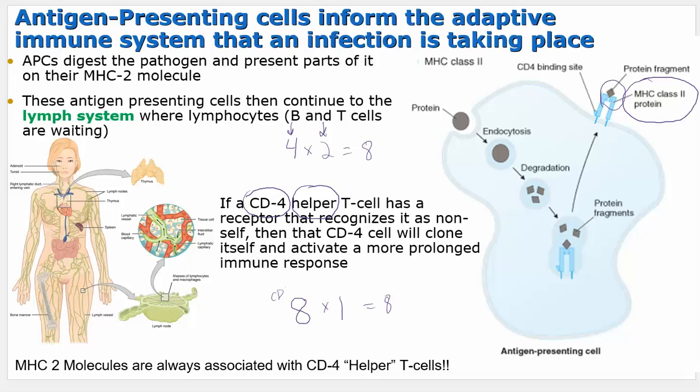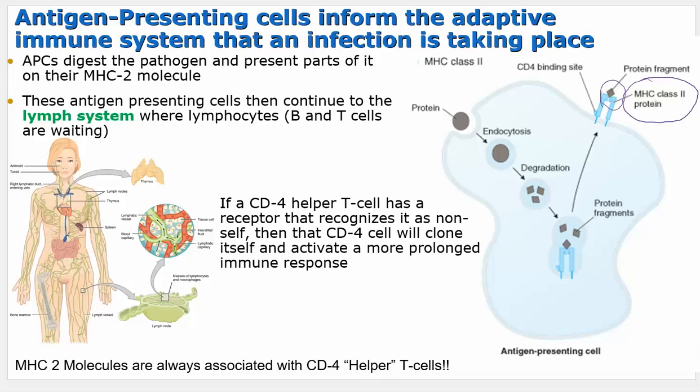So back to this. We have our macrophage expressing a protein fragment on its MHC2 protein. The CD4 in the lymph node sees that and binds to it. If a CD4, after it's been trained, binds to that protein fragment, that means it is not supposed to be in the body, so it recognizes it as non-self.